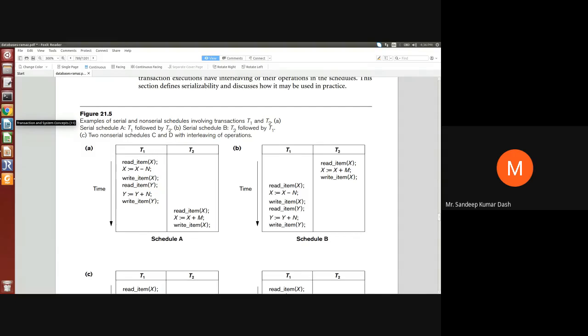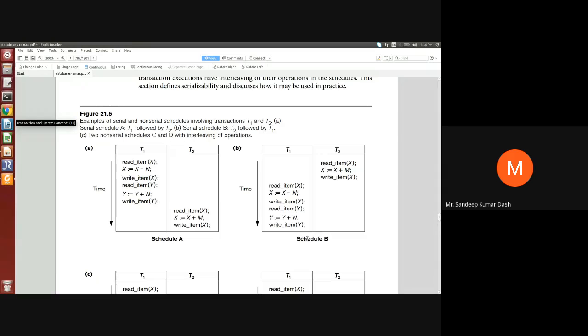The same thing you try here. What will be the value of X and Y after this schedule finishes? Assume that here also it reads 90, not the updated value. This is a separate one. This reads X as 90, M as 2, N as 3, Y as 90.